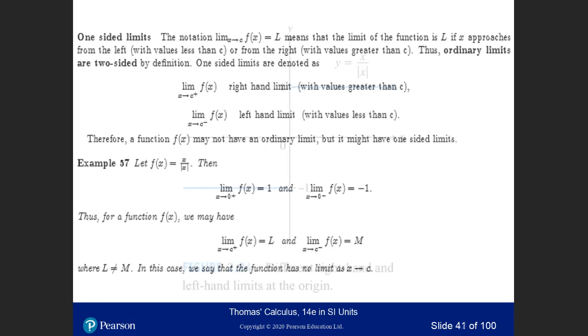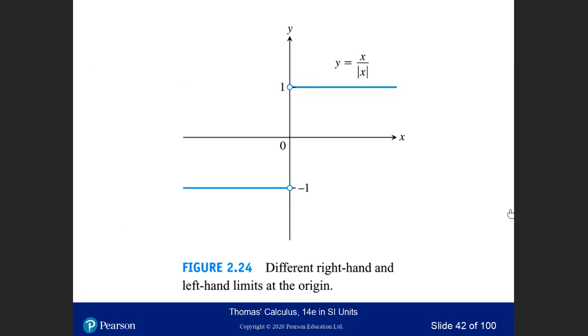Okay, let's look at this function. That's the pictorial view. When x is positive, the absolute value of x is positive, and so it's equal to x, and you have this graph. Now, as you approach 0 from the right-hand side, it's obvious that the limit is equal to 1.